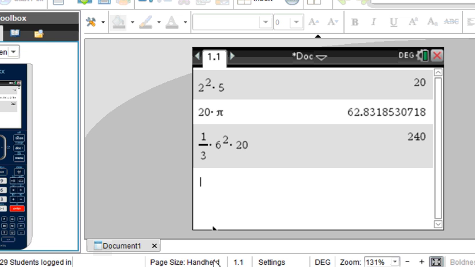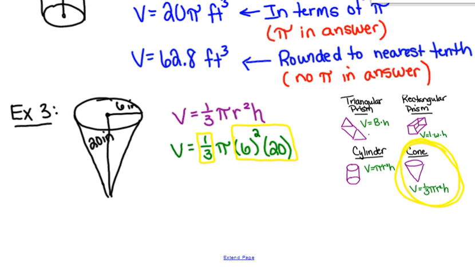So 240, and we still haven't multiplied through times the pi yet. So this is 240 times pi cubic inches, or inches cubed. So again, that's what this answer looks like in terms of pi.